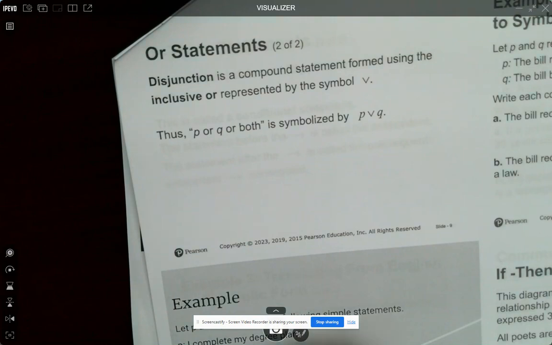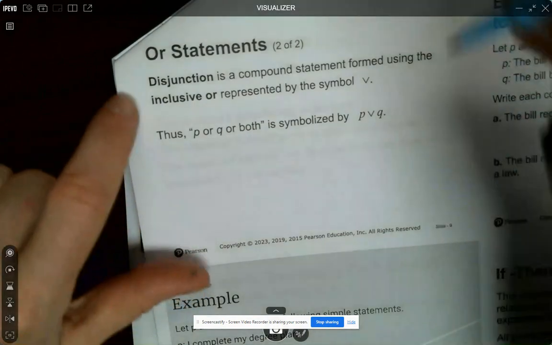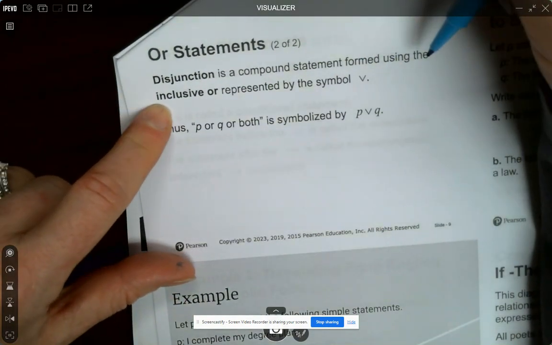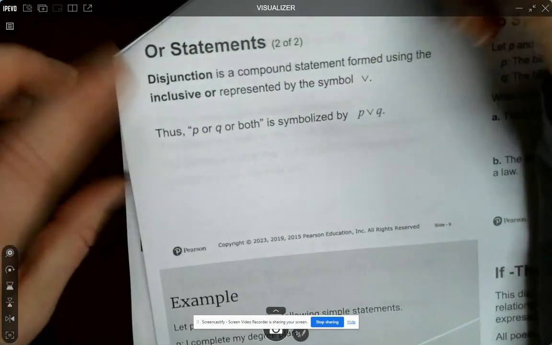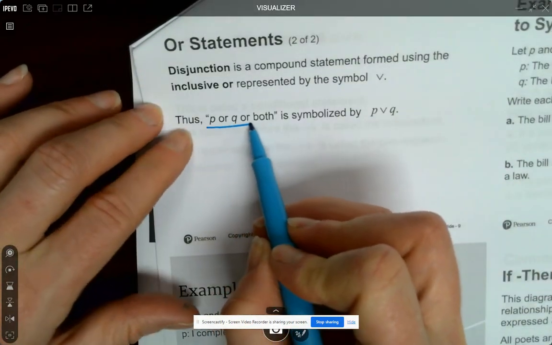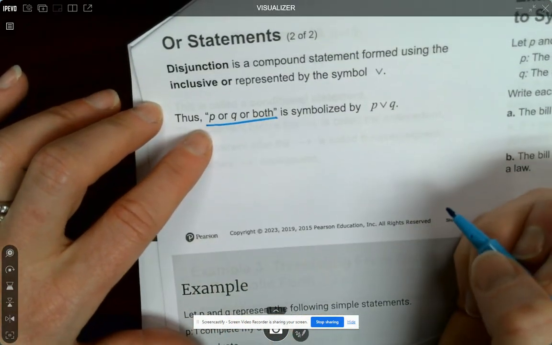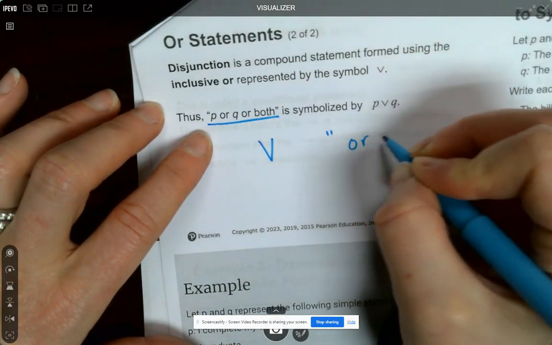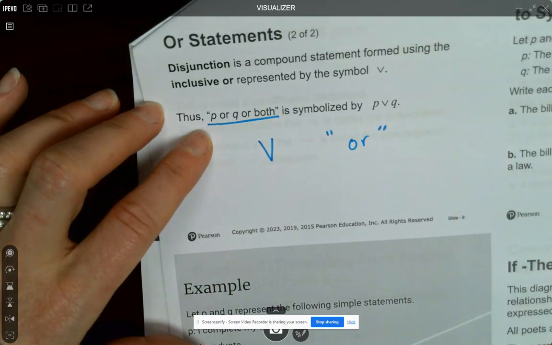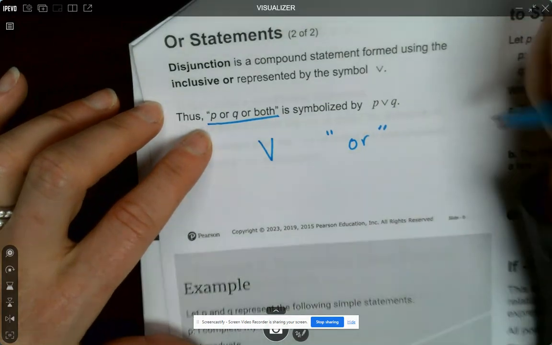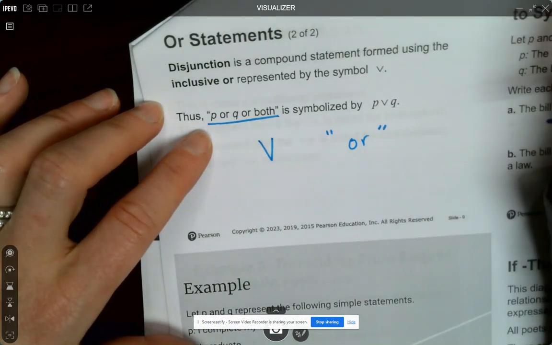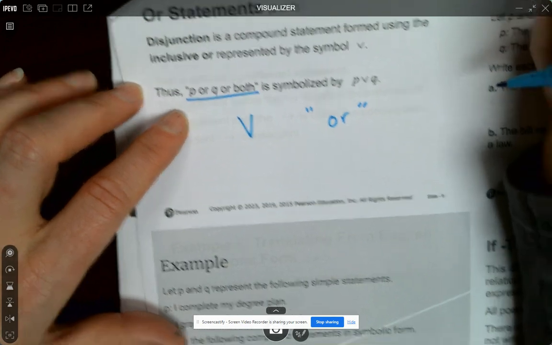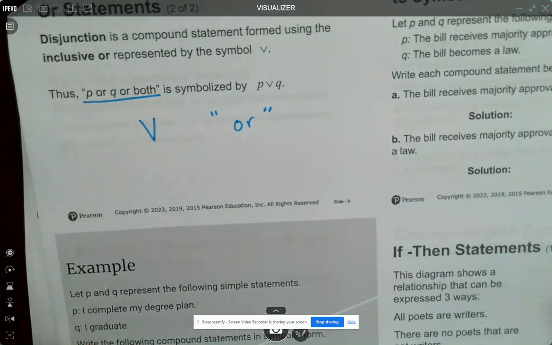So disjunction is a compound statement formed when using inclusive or. So the inclusive or means P or Q or both. So this symbol is going to represent or. It's kind of like the union that we did previously with Venn diagrams.